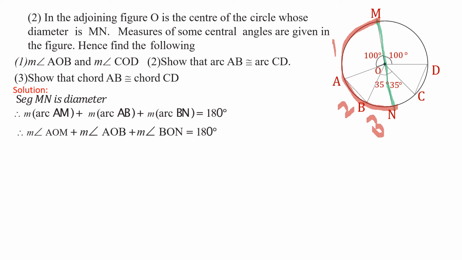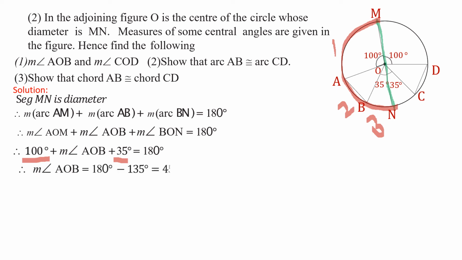Now substitute the values. Therefore 100 degrees plus angle AOB plus 35 is equal to 180 degrees. 100 plus 35, that is 135. We bring it to the right hand side. Therefore angle AOB is equal to 180 minus 135 is equal to 45.